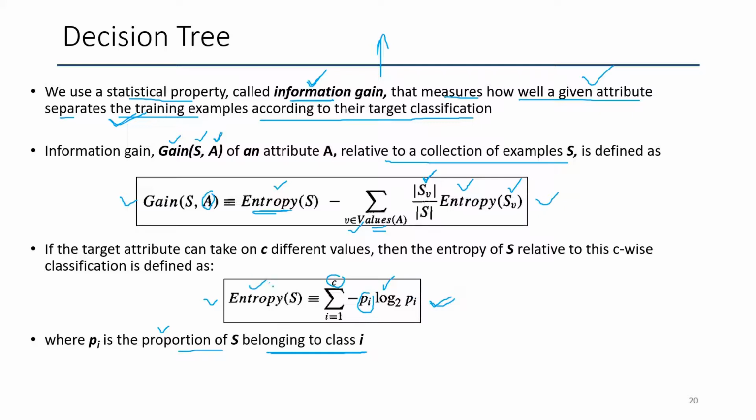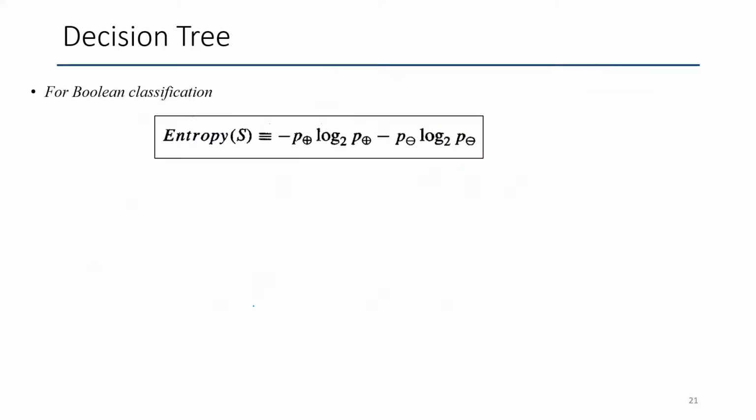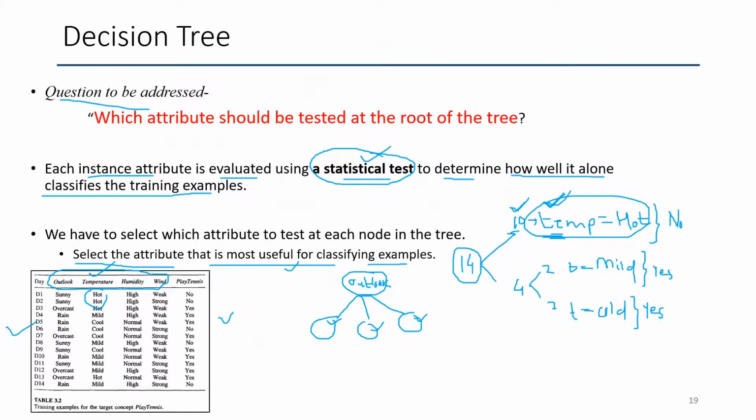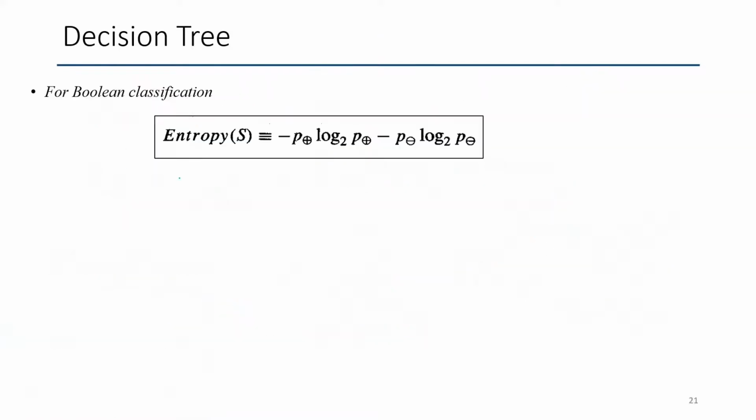So let us calculate these values for the given problem. If you have a Boolean classification, Boolean means two values. In the previous example also we have two values, yes or no, or positive or negative.